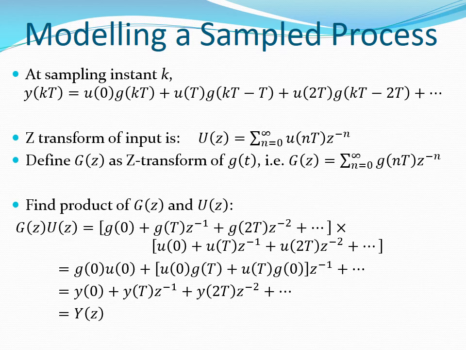Let's find the product of G(z) and U(z). After some mathematical manipulations using the expressions for G(z) and U(z), we get an expression that is equal to the Z transform of the sampled output. Therefore, G(z)U(z) equals Y(z). So, we can regard G(z) as the Z transform block of the sampled process.